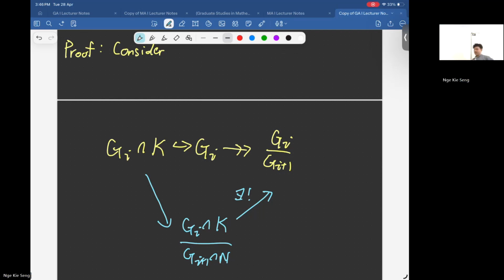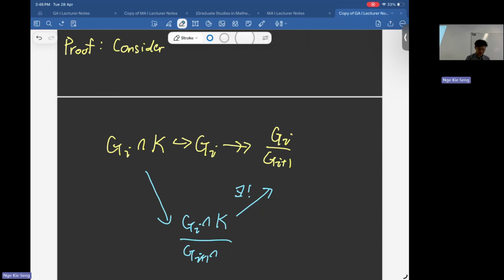Why? Your image is G_i modding out by G_{i+1}. But here you start with G_i intersect K. So anything that sends to 0 has to be in K as well.